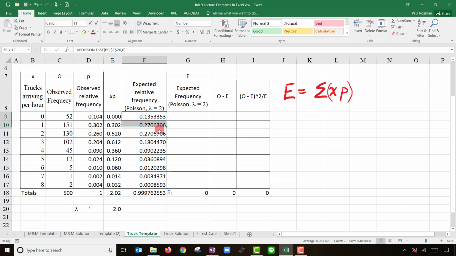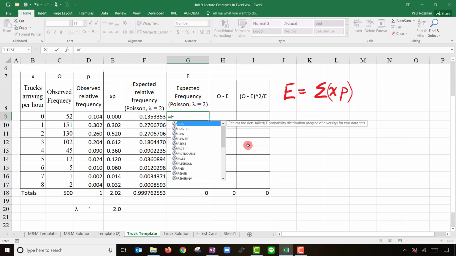probabilities. Now I want to convert these probabilities into frequencies, right? If 13% of the time I see 0 trucks, well, how many, I guess I need to multiply this value by the 500 in order to get that frequency. 13% of 500.